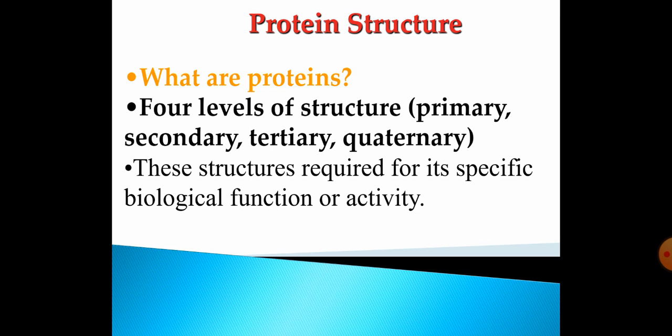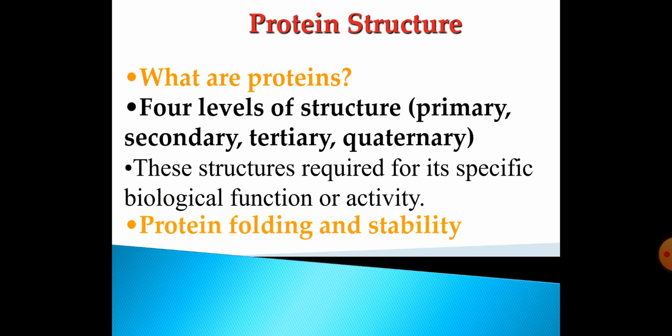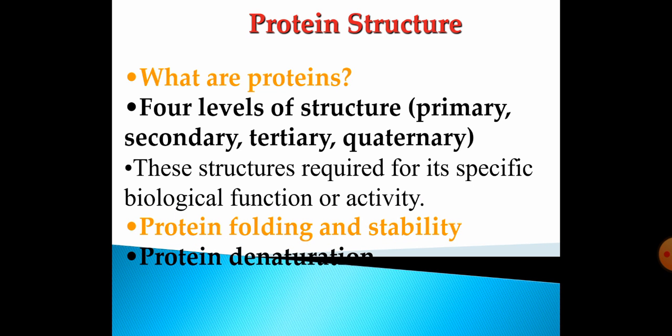This structure is very important for proteins to perform their function or activity. Protein folding and stability are very important for protein structure. Protein denaturation causes loss of their activity. Protein misfolding and disease should also be covered in my lecture now. I will just go through all of these, the four levels.